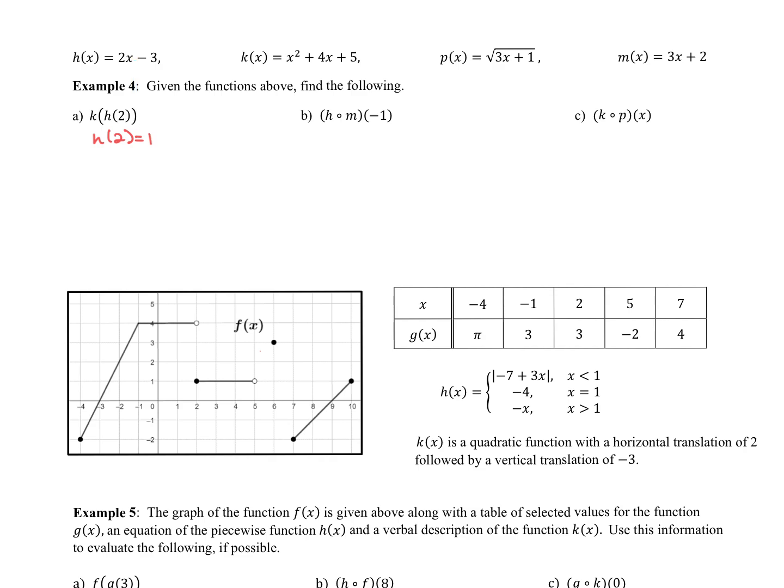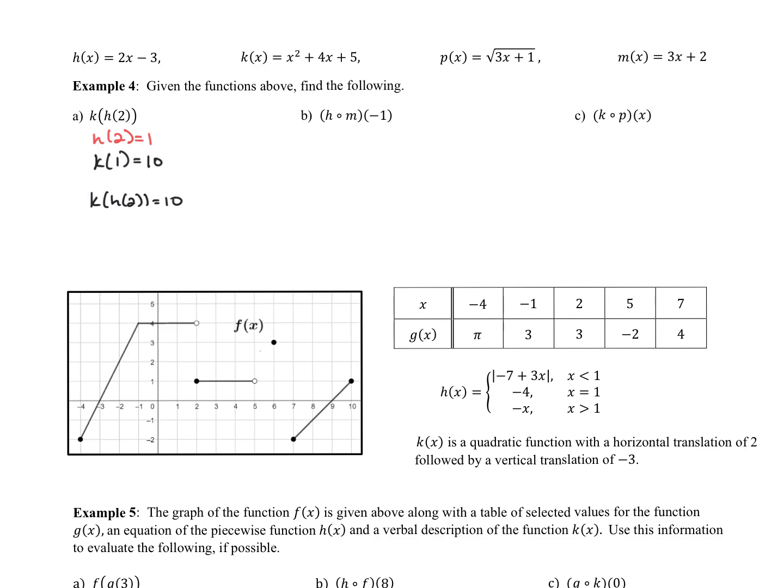And so now I need to find k of 1. And so now I'm substituting in 1 right here. All right, so 1 squared is 1. 4 times 1 is 4 plus 5. So how many do I have altogether? 10. So k of 1 is 10. So k of h of 2 is equal to 10.